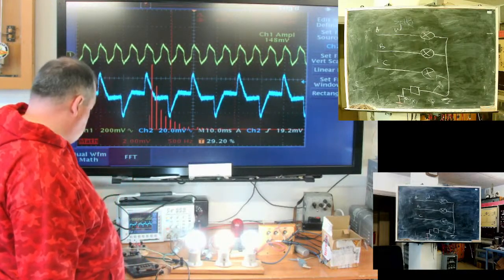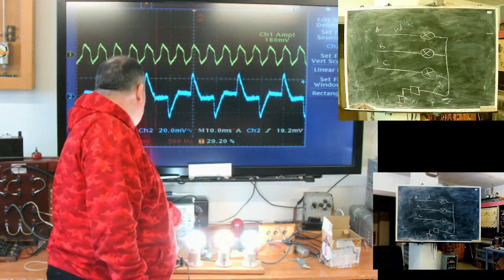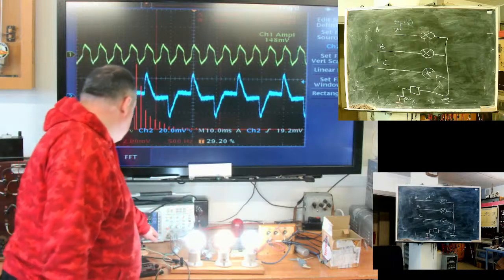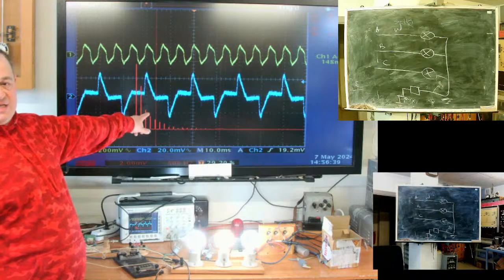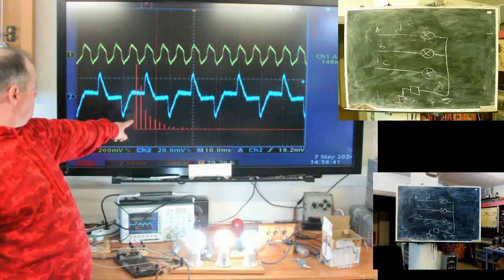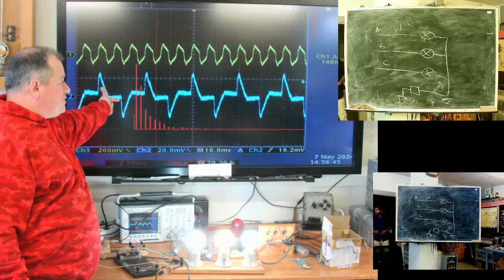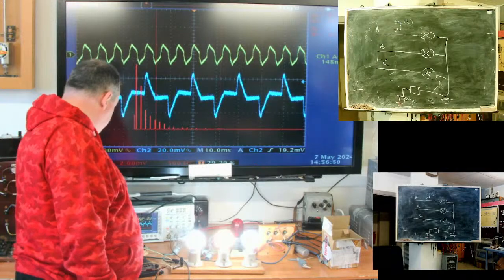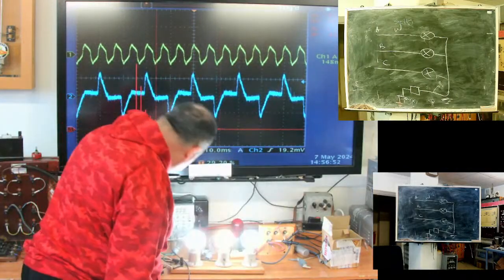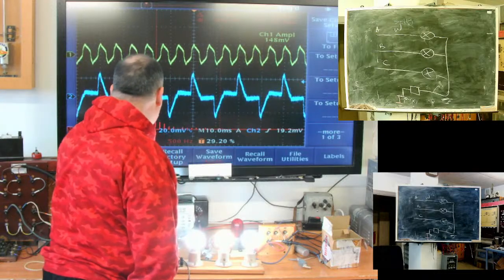You know what I can do? One moment. At this moment, the red line is the spectrum of the phase current. Red line is the spectrum of this. One second, I will save it.